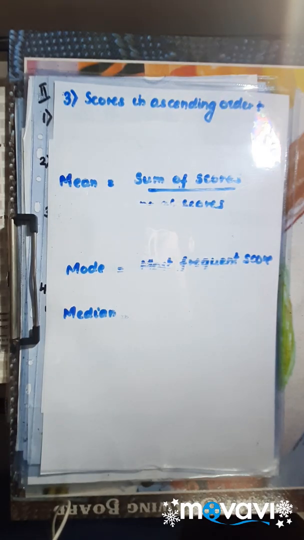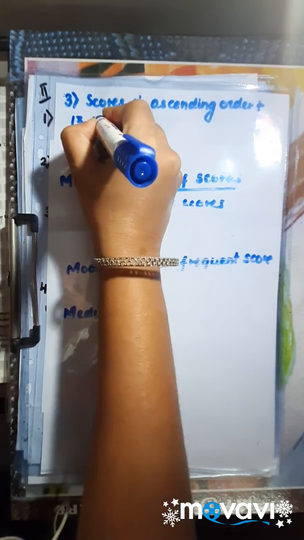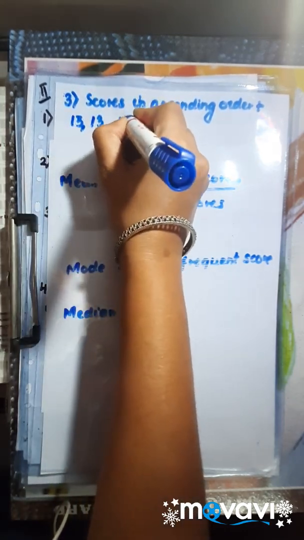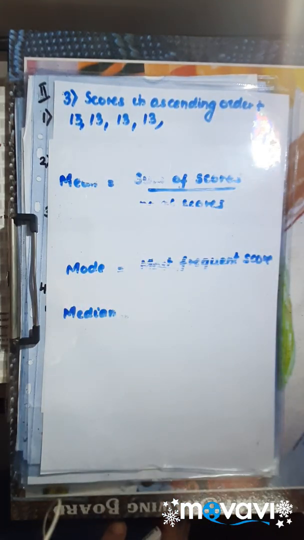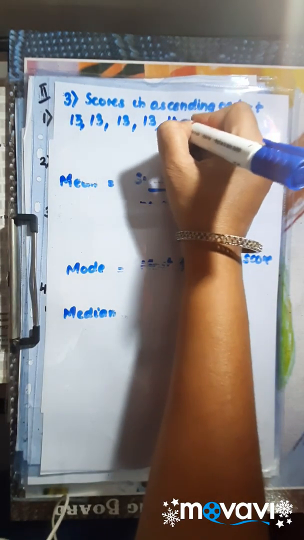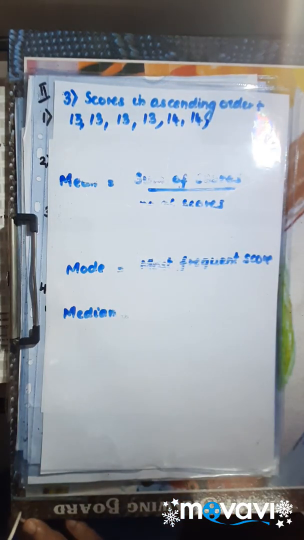Now, how many times is 13 there? 1, 2, 3, 4 times 13 is there. Okay, now how many times is 14 there? Twice.